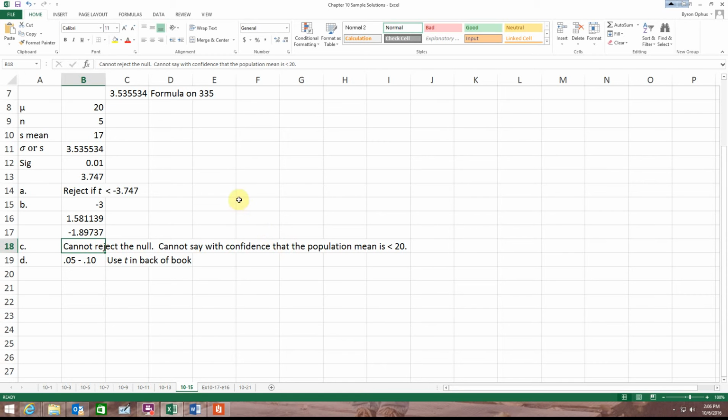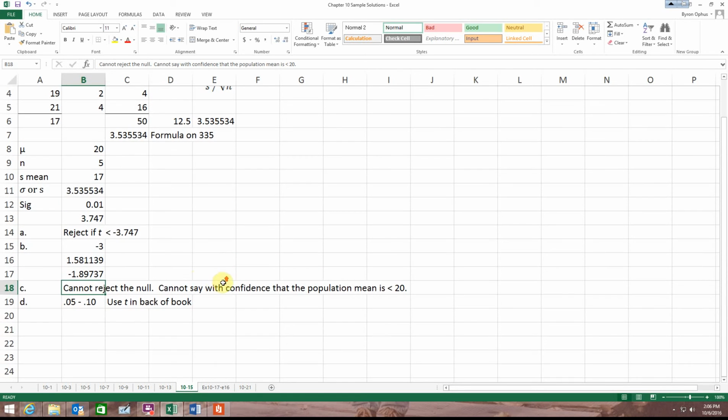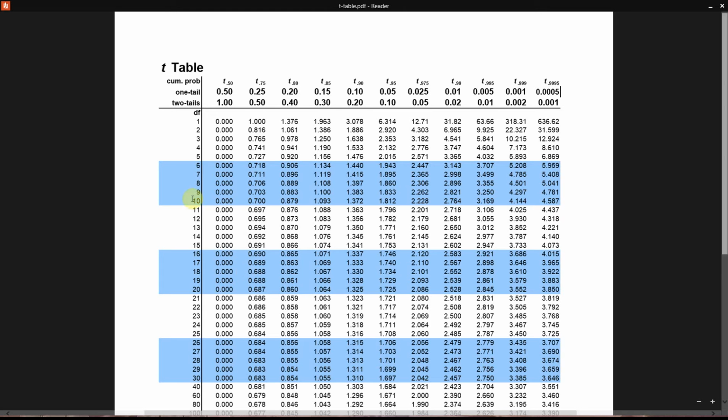And then it asks me to estimate the p-value. And for the p-value, again, we have to go to our chart. Once again, our degrees of freedom is 4, and we're using this t value that we calculated. So let's say it's 1.9, or 1.9 is what we're looking for.